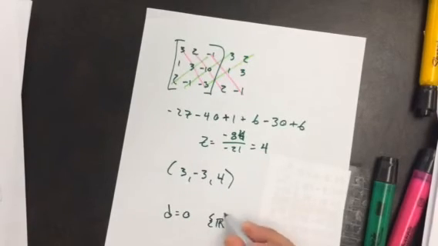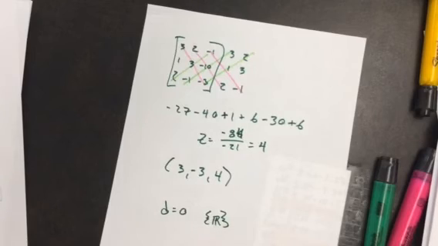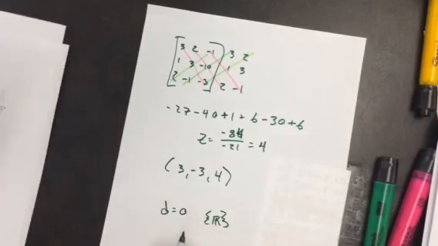So we're going to say like this. And then if d equals 0, and neither the numerator or the denominator is 0, meaning you go through the process and we're doing this right here.